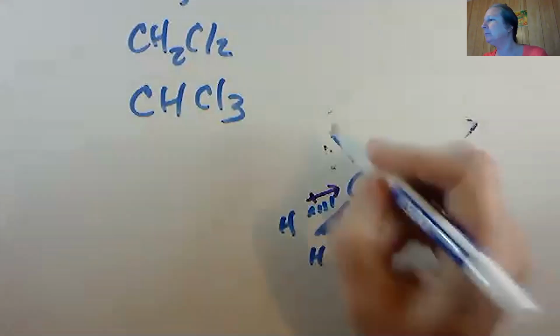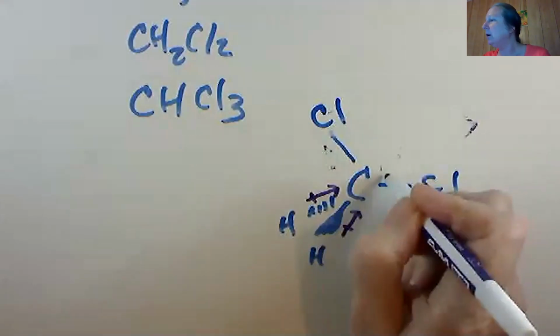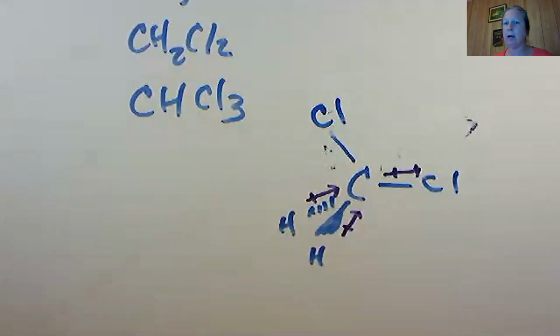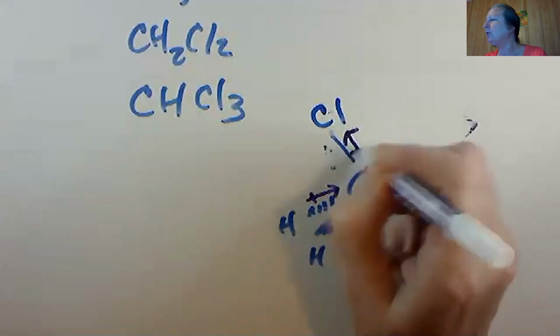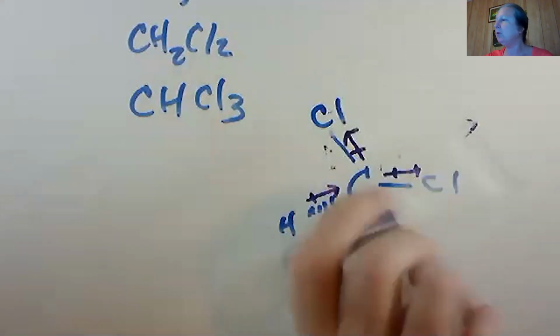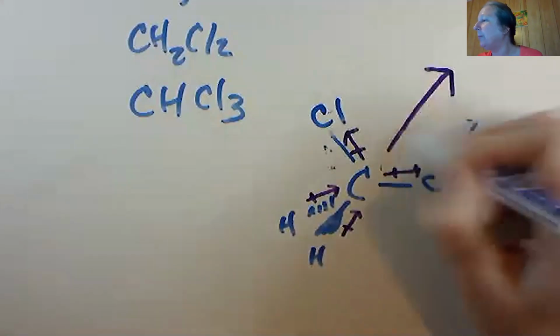So I'm going to take this hydrogen and make it a chlorine. Again, it's easy because if I do my bond polarity, and you don't have to, the electrons are being pulled away from the carbon in that direction towards each of the chlorines. With vectors, they're additive. So if you have one going this way and one this way, your molecule polarity is between them, okay?